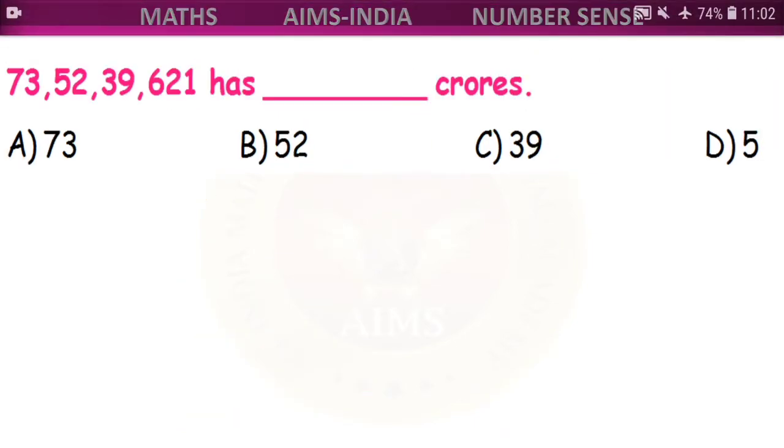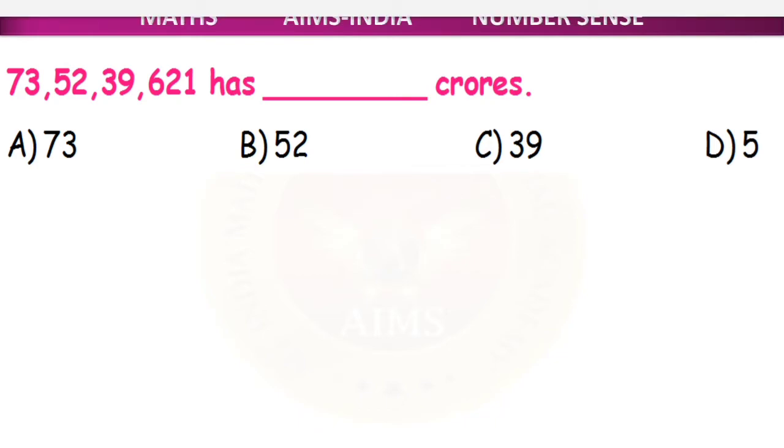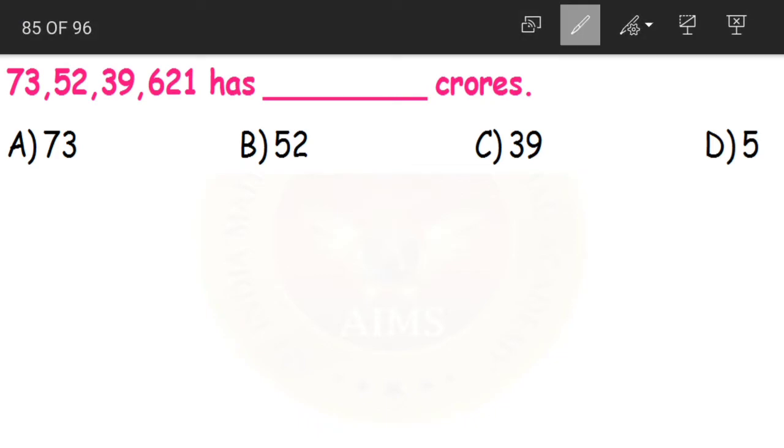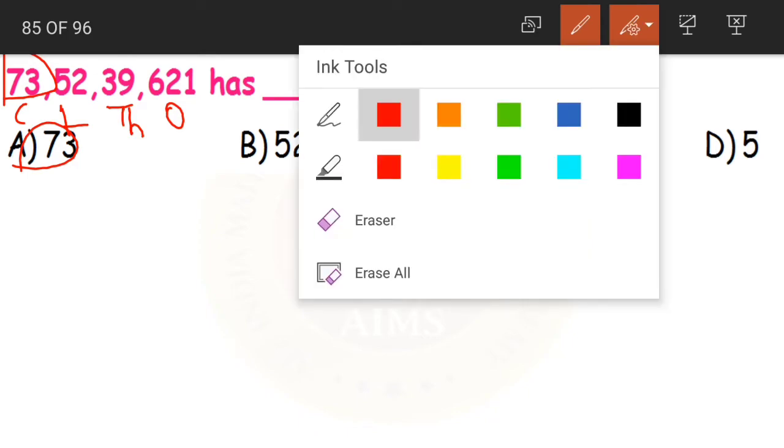Next. 73 crores 52 lakhs 39,621 has dash crores. Now there are two ways of solving this, children. First, let us write the periods: ones, thousands, lakhs and crores. In the crores period, what do we have? 73. So 73 crores becomes our answer.